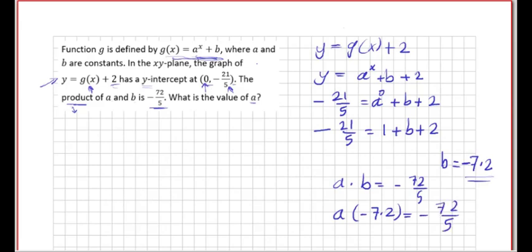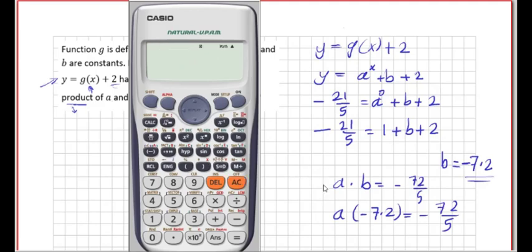And we now can put this on the calculator to get the value of a, which is required in the question itself. This is our calculator, and we write a as a value of x. So we can write x like this, multiplied by the pair of parentheses, negative 7.2. Then equals this one, a negative fraction of 72 over 5.